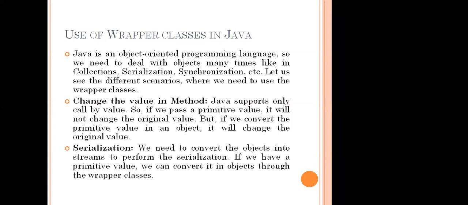In our wrapper classes, we convert primitives into an object and an object into primitives. Here in serialization, we convert the objects into streams. If we want the primitive values, we can convert the objects through the wrapper classes. So to perform serialization, we need the background concept of wrapper classes.